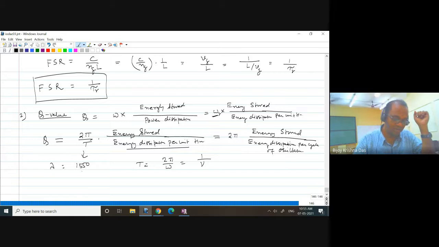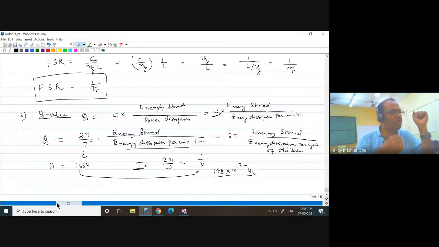For 1550 nanometer, the frequency is around 195 terahertz. Terahertz means 195 into 10 to the power 12 hertz. Mega, giga, tera, yes, 12. Upon that, you will get the time of oscillation.